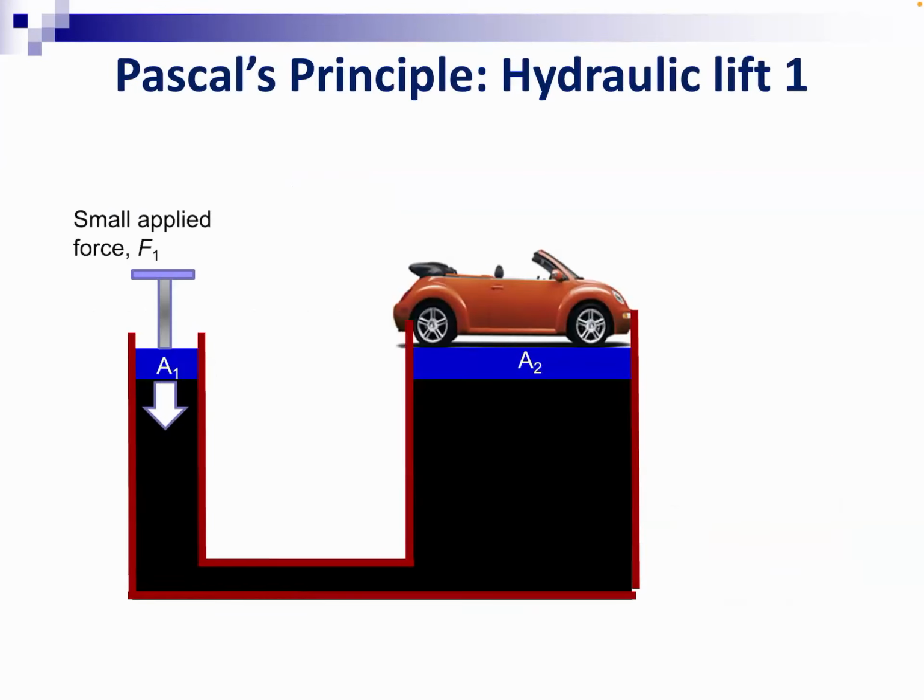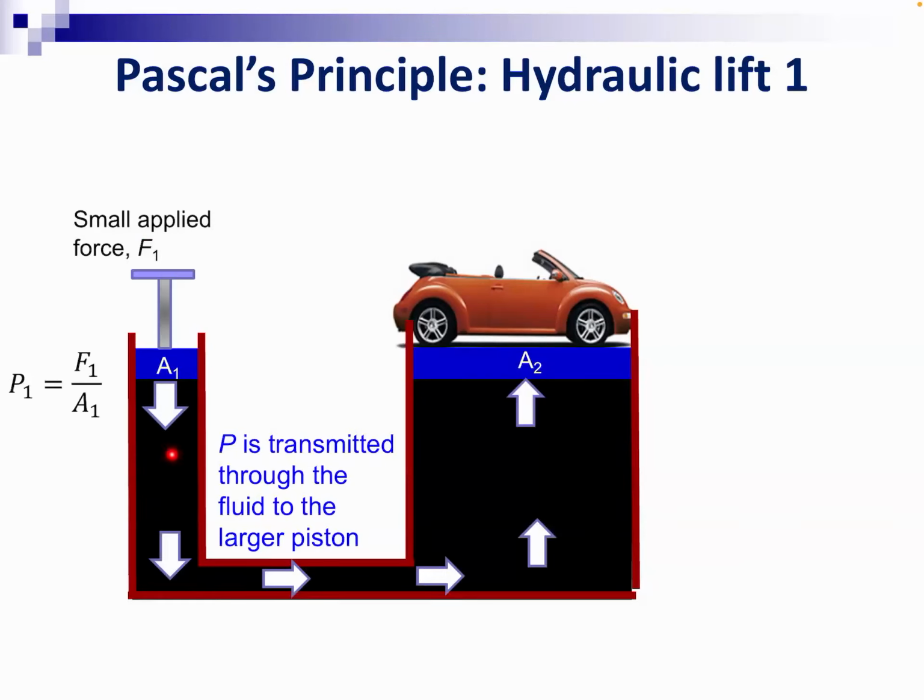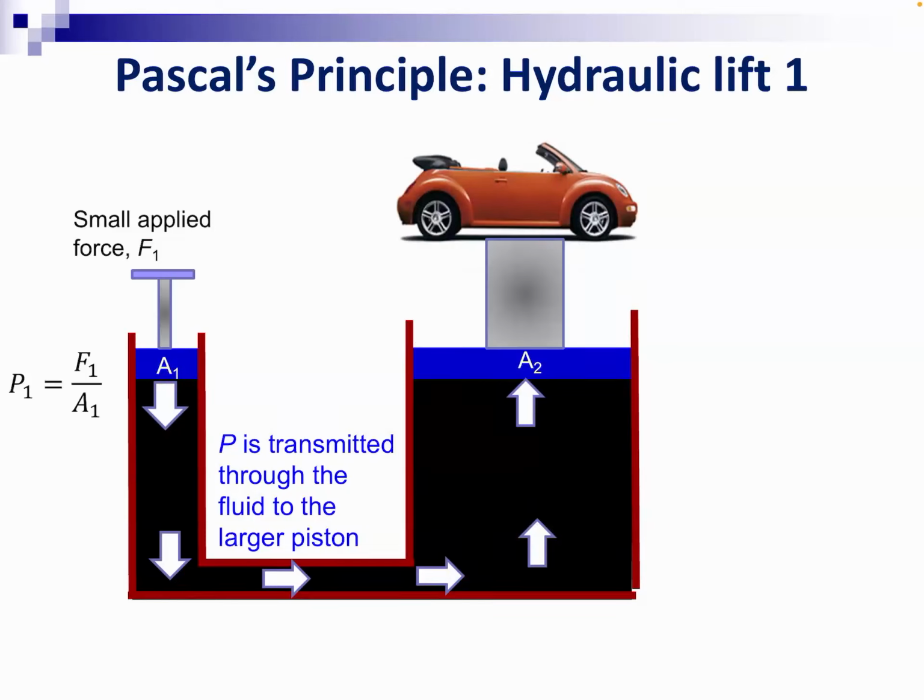The pressure is applied over the small area A1. The pressure is force over area. So whatever force you apply here over this small area A1 gets transmitted throughout the fluid equally. Okay? And every part of the fluid will feel the same amount of extra pressure that was exerted on area A1. And that causes a force at area A2 that will lift the car here.